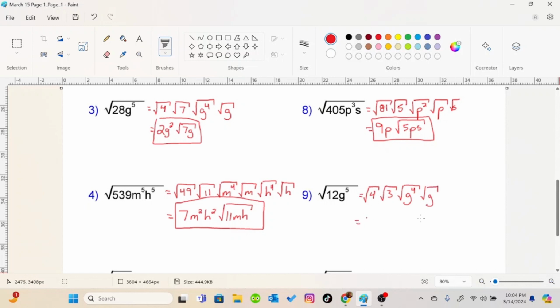The square root of 4 is 2. The square root of g to the fourth is g squared. And then we combine 3g under the radical. So our final answer is 2g squared times the square root of 3g.